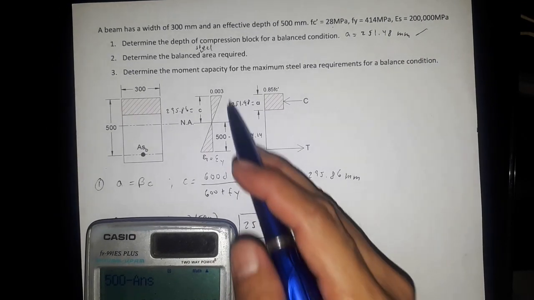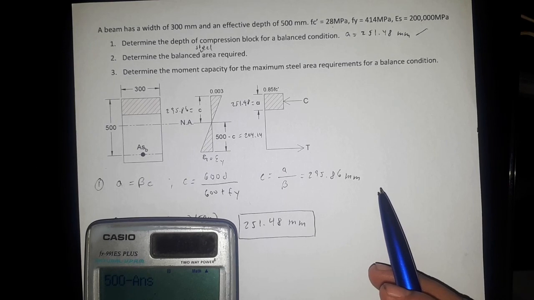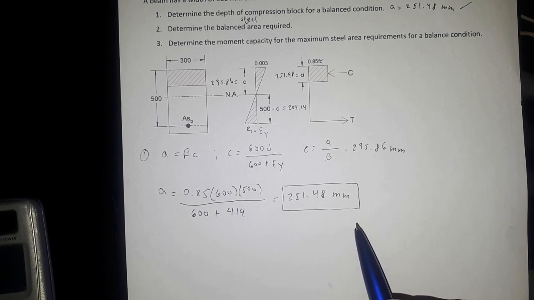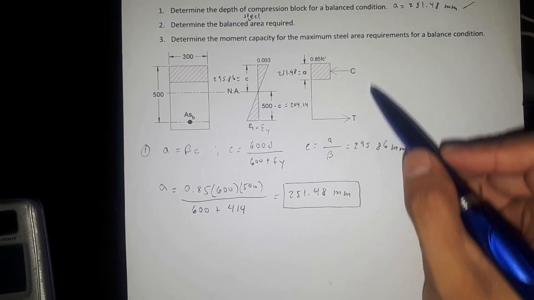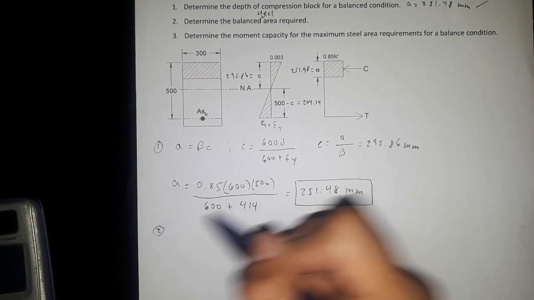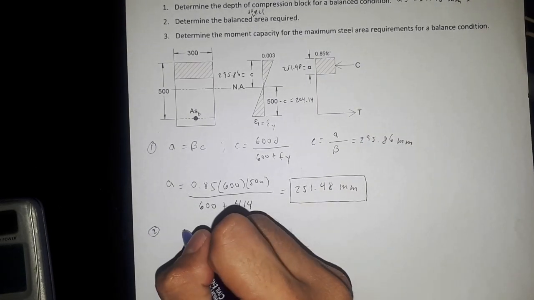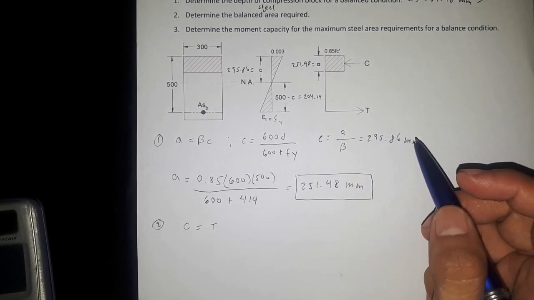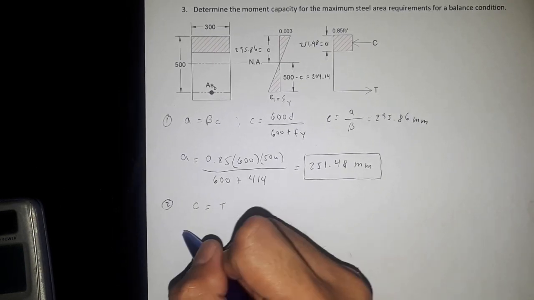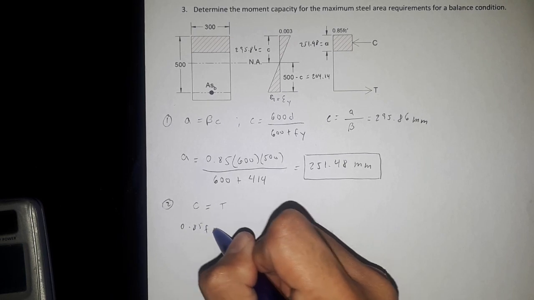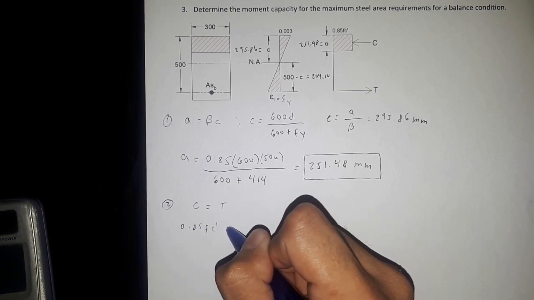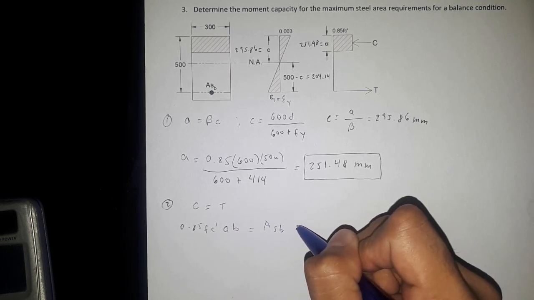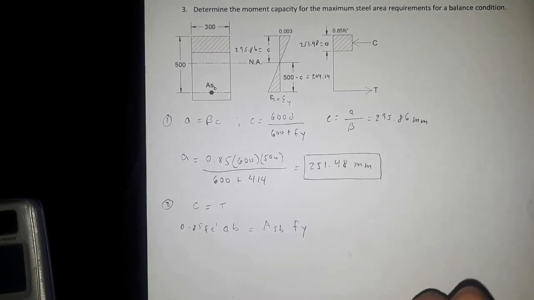Letter B, determine the balance steel area required. So this is As balance. It's number 2, we can equate this. So C is equal to T, since Fs here is equal to Fy. So we have 0.85 fc prime ab equals As balance Fy.